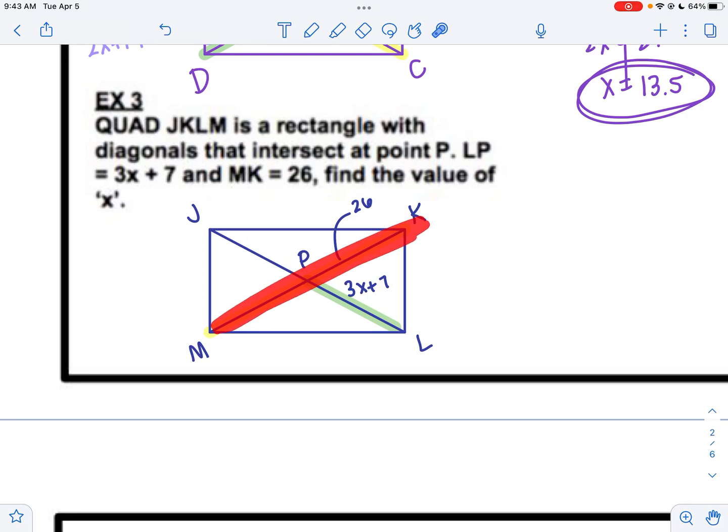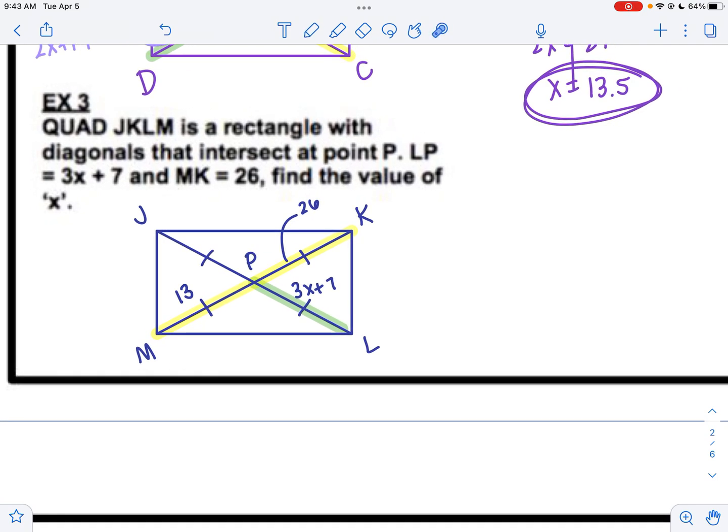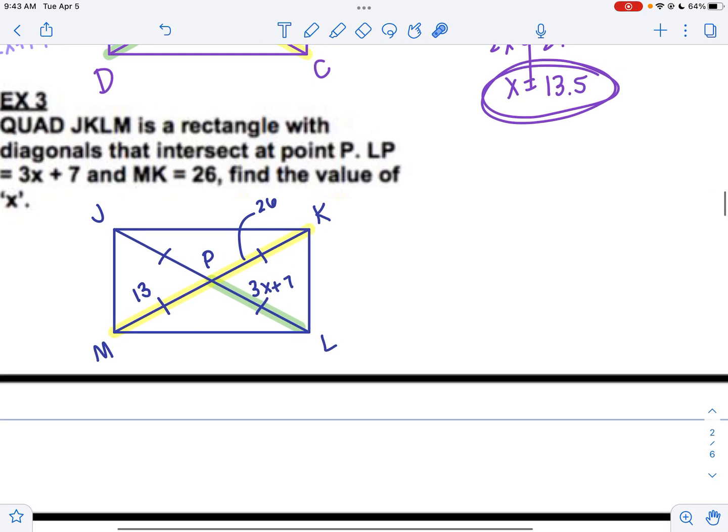If this full diagonal is 26, think, what would that make this piece and this piece? Remember, they're all the same, so that would equal 13. I know the full thing's 26, so 26 divided by 2 is 13.